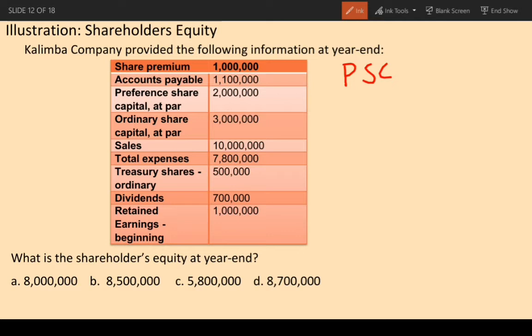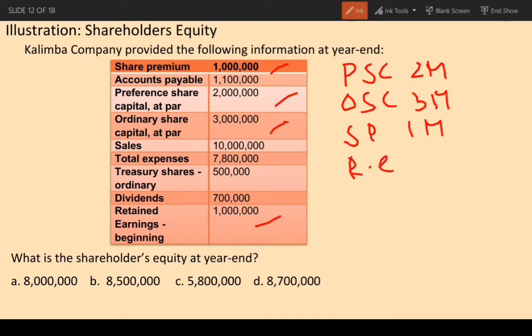Preference share capital na 2 million plus ordinary share capital na 3 million plus share premium na 1 million plus retained earnings beginning na 1 million plus net income na 2.2 million.